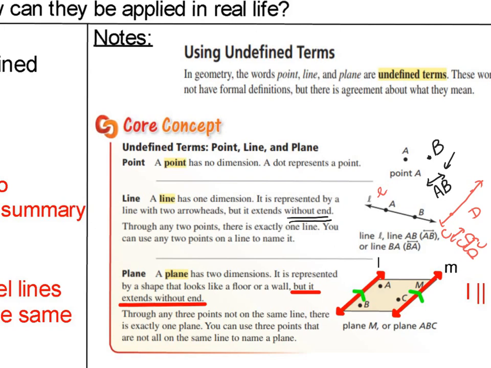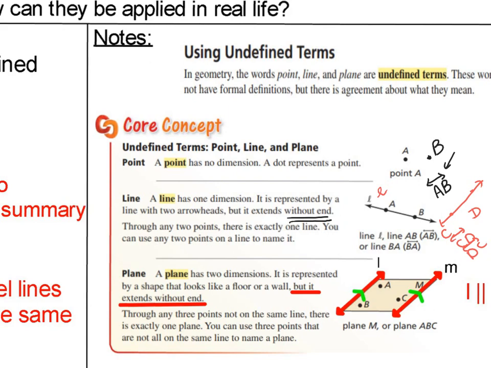Okay, a plane is very, how can I say this? It's a conceptual sort of topic and something that you have to really visualize. So a plane has 2 dimensions. It's represented by a shape that looks like a floor or wall, but it extends without end. One thing that your book doesn't do is really explain planes very well.